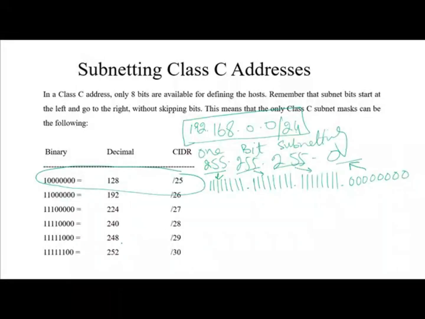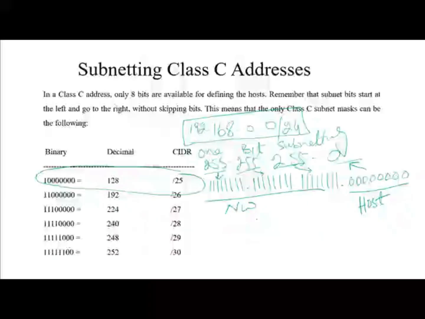So by default this is class C. So already we know these 24 bits are representing the network, and these 8 are representing the host. Host means the computers on the network.